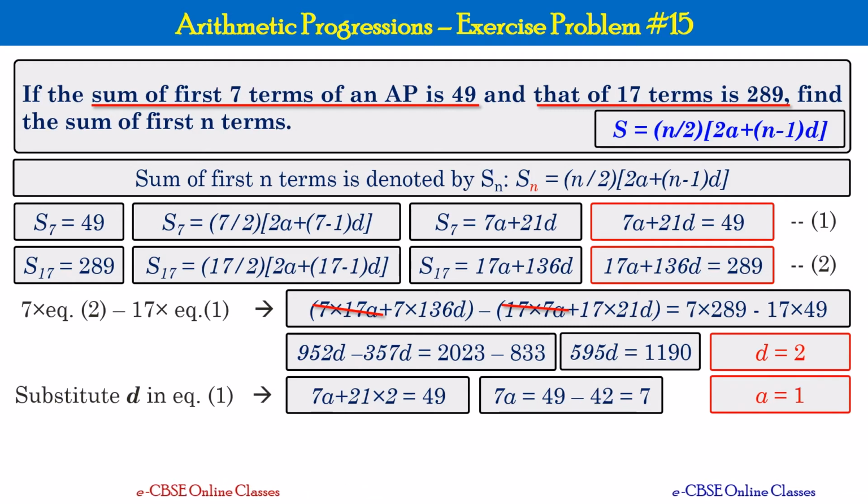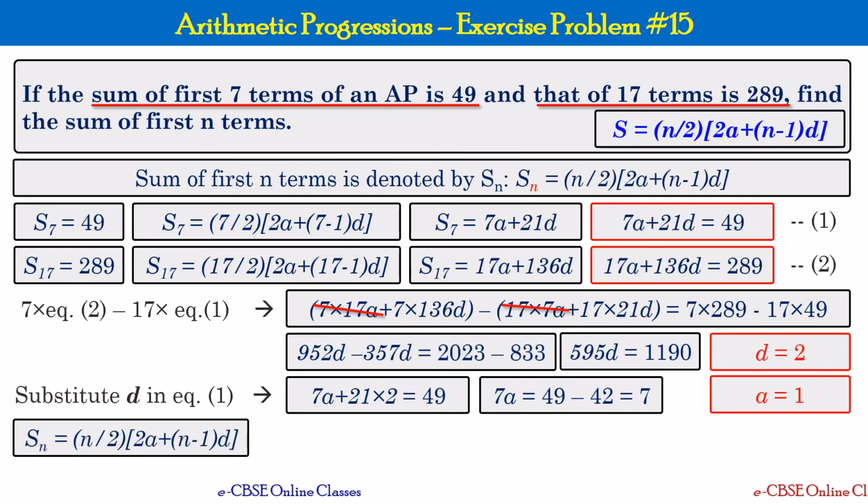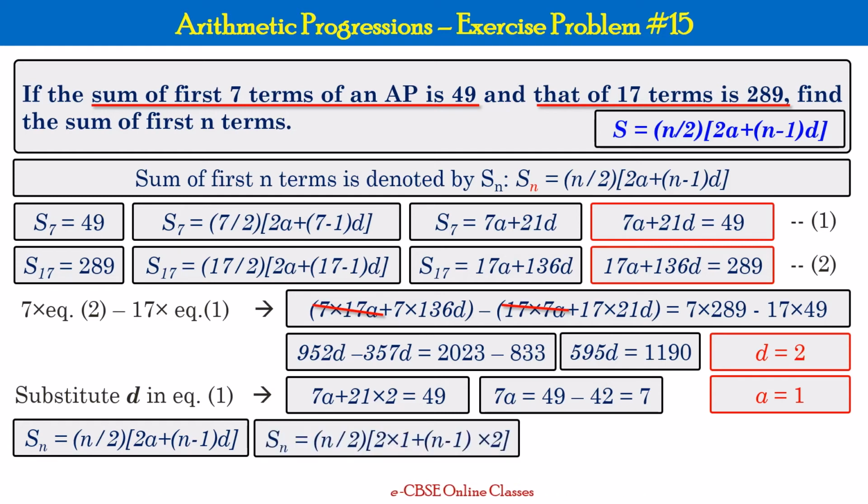Now let us substitute the values of a and d in the formula for sum of the first n terms, correct? That's what we have been asked to find out. So the formula for first n terms is n by 2 times 2a plus n minus 1 into d. Let's substitute a equal to 1 and d equal to 2. That becomes n by 2 times 2 into 1 plus n minus 1 into 2.